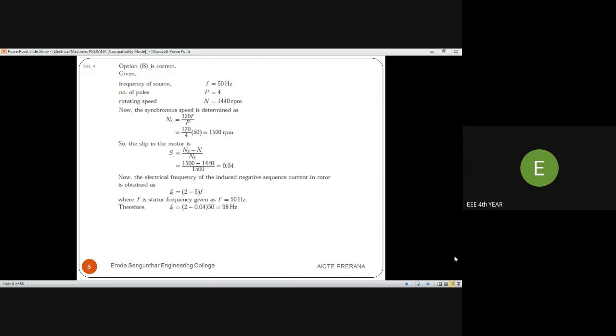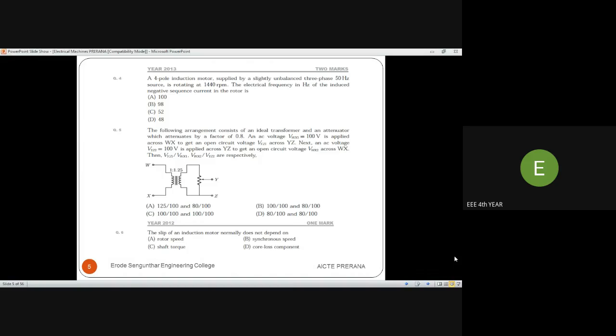For the negative sequence current in the rotor, the formula is F0 equal to (2 minus S) into F. Substituting, we get the rotor frequency as 98 Hz. Here option B is 98.